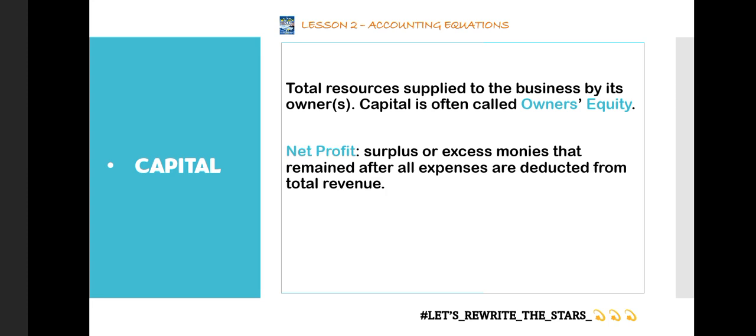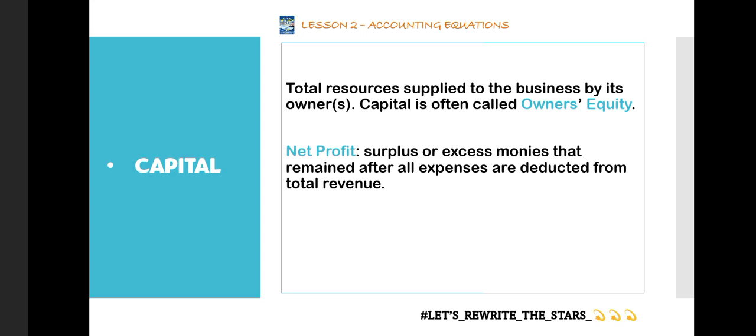So now, in addition to capital, we have what we call net profit. The net profit refers to the surplus or excess money that remains after all expenses are deducted from total revenue. So let's say, in the example I gave at the start, the business is into the production of beverages.